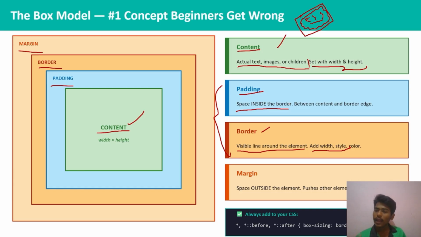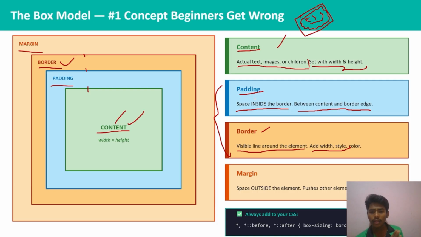I completed the content and the border. So what I am saying is that it is between the content and border edge. This is present between the border and the content edges, so it is known as the space inside the border.